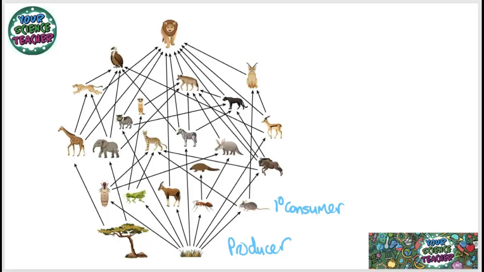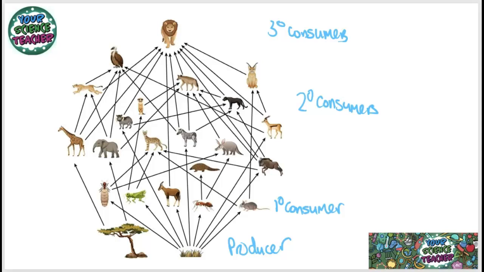After primary consumers, we have our secondary consumers, and our secondary consumers are things that eat our primary consumers. And then finally, we have our tertiary consumers, which eat secondary consumers and some primary consumers, but they do not eat producers.